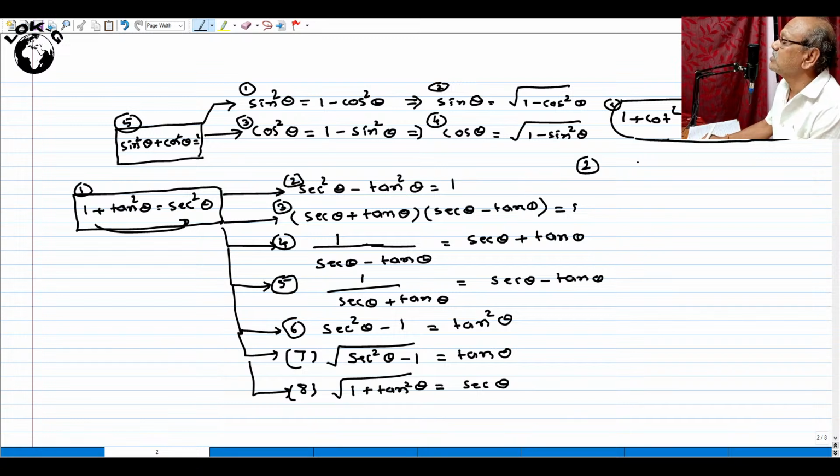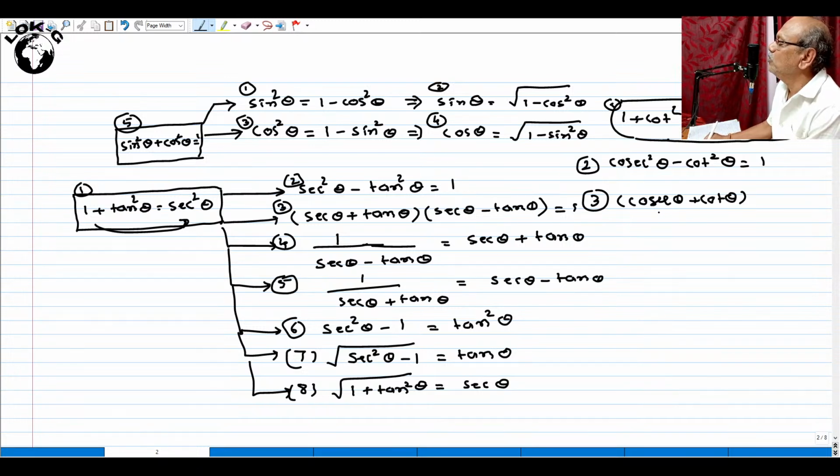If you take this cot square theta to the right, what do you get? You get cosec square theta minus cot square theta is equal to 1. Again use the a plus b and a minus b formula. You can get a plus b, a minus b. That is cosec theta plus cot theta into cosec theta minus cot theta is equal to 1, like we did in case of sec theta.